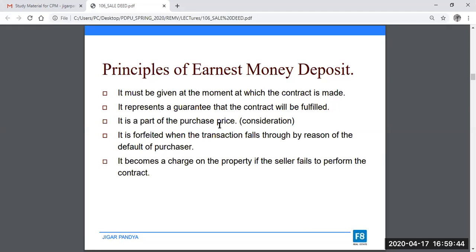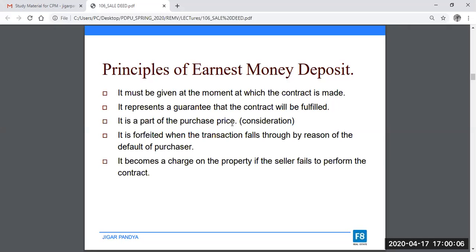So imagine if a property is costing 1 crore and the EMD paid is 5 lakh rupees, and that is mentioned as the first initial amount that is being paid, and now we are entering into this agreement of sale.